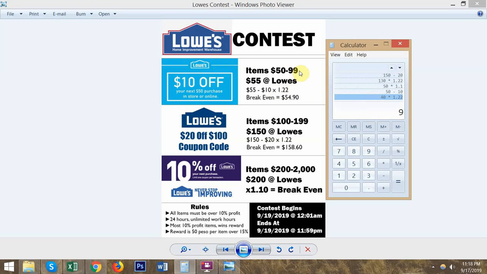But if the item was $99, it does not qualify for the $20 off coupon. It's only $99. It would be $99 minus $20 times 1.22, which would be $96. Nope, sorry, that's wrong. $99 minus $10 coupon times 1.22 would be 1.08, which is basically 1.1.